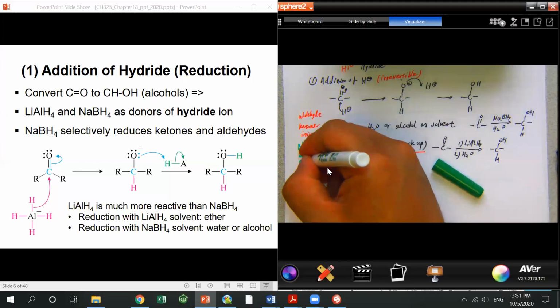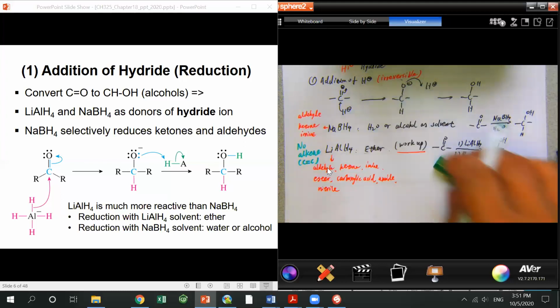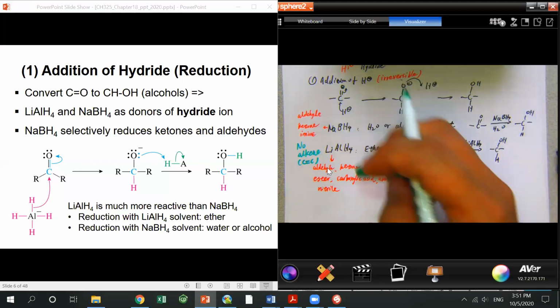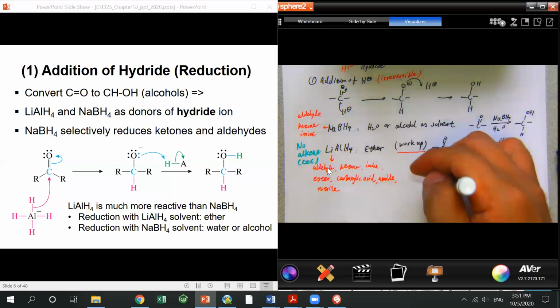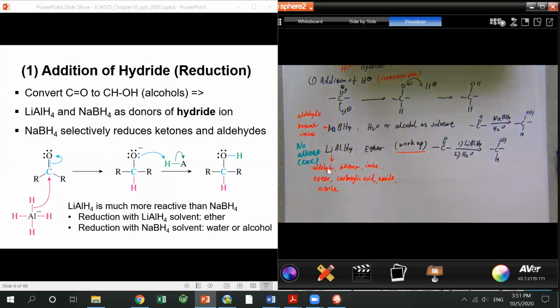For reducing alkenes, we learned in chapter 11 to use catalytic hydrogenation, hydrogen with palladium, platinum, maybe nickel. Please keep those in mind.